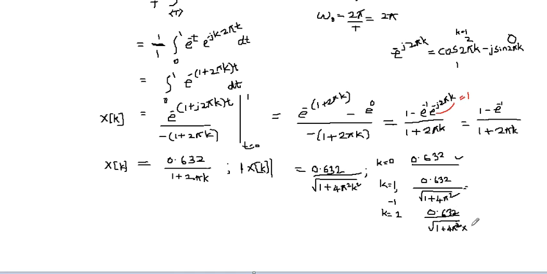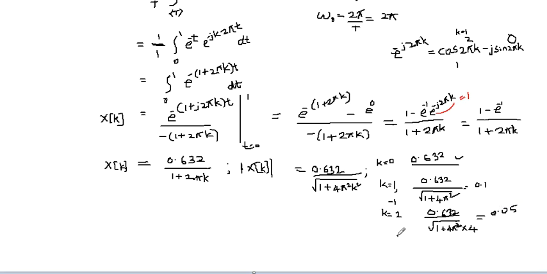So multiplied by 4, it would be 16 pi square. It works out approximately 0.1. This is 0.63, this would be around 0.13, and this is 0.05, like this. So this is the way we can find.